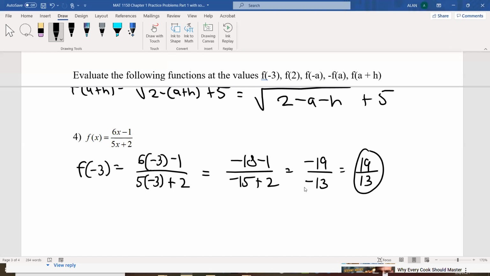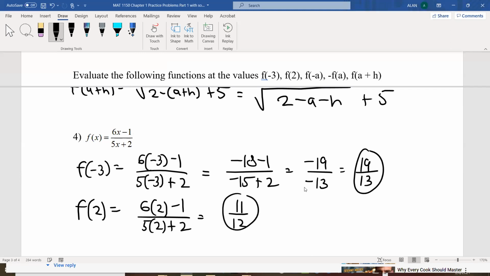All right, very good. Now f of 2. So we'll have 11 over 12, and we're done.